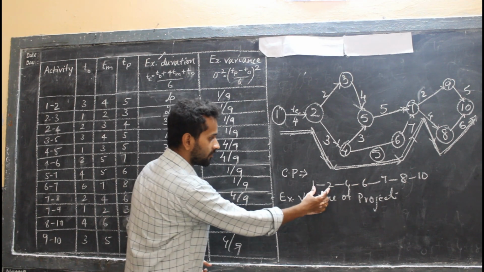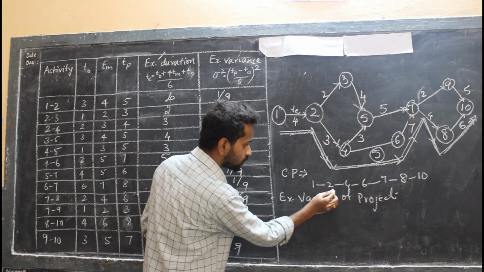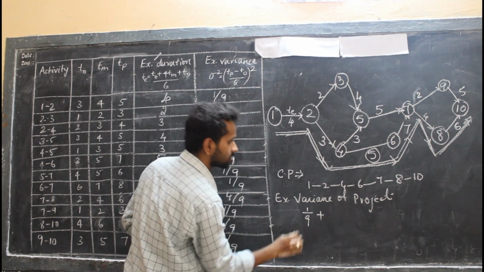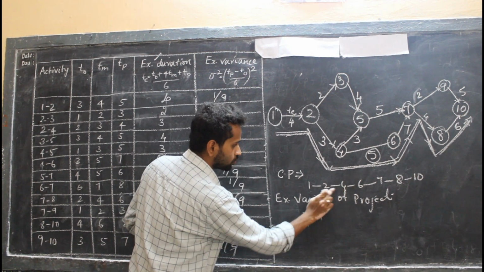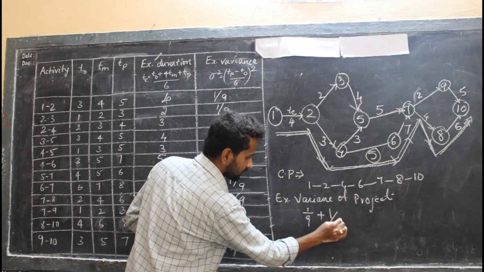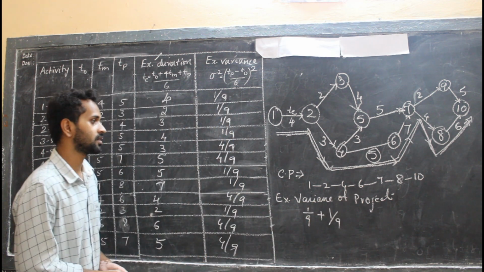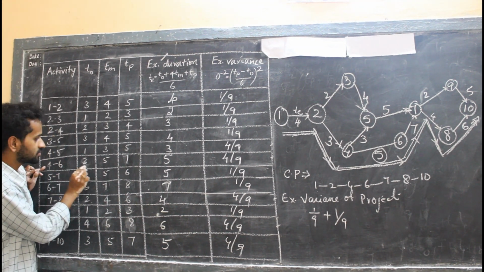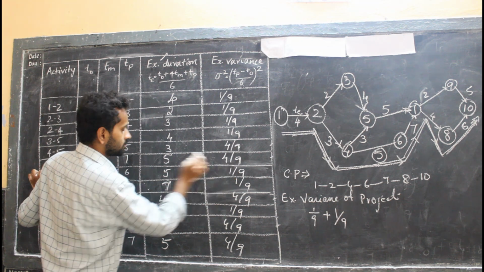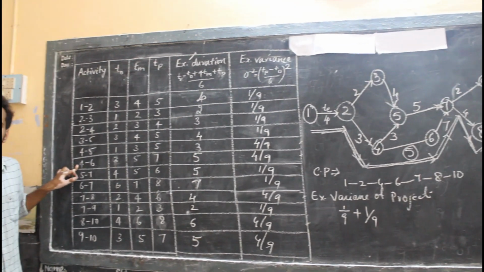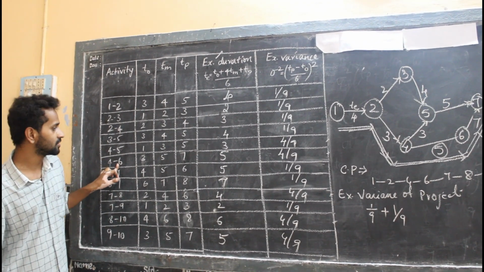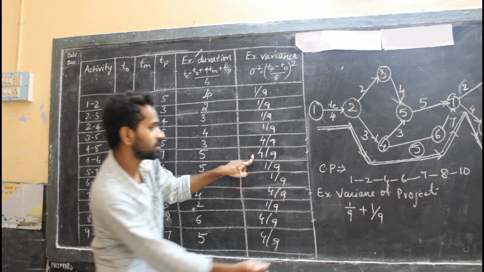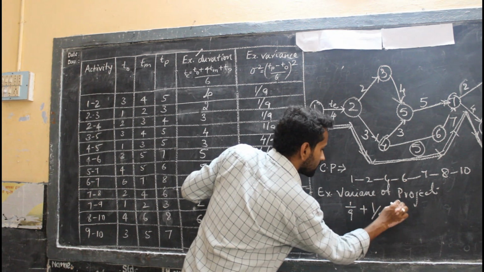Now find the variances of each and every activity. 1 to 2 activity variance is 1 by 9, plus 2 to 4 activity expected variance is 1 by 9, and 4 to 6 is a critical activity, its expected variance is 4 by 9, therefore plus 4 by 9.